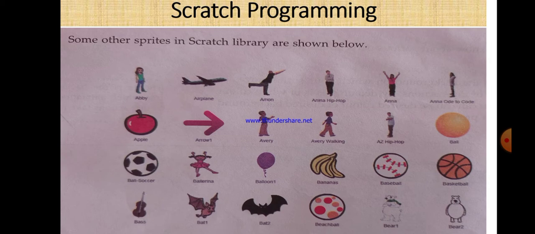You can first pick a category, and after that select one of the sprites available in the library. You can select any one of them as per your need.